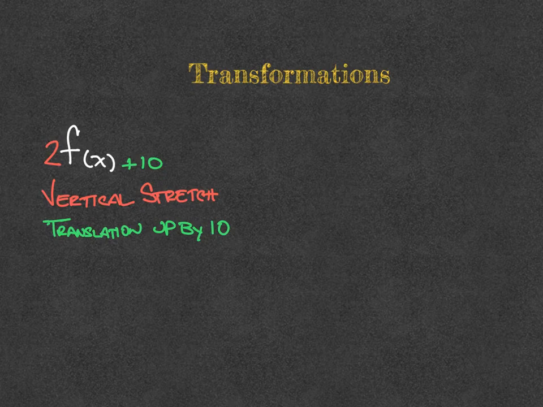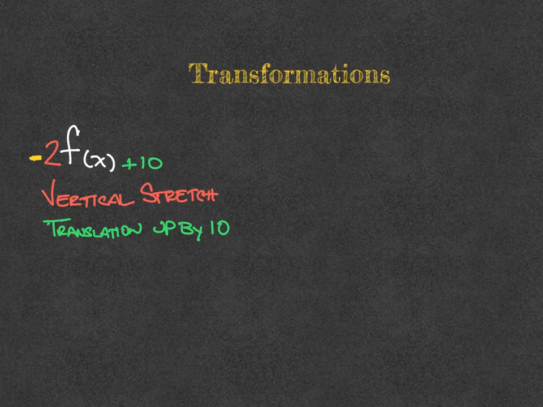Okay, now here's where things get interesting, because this is where most of you are getting confused. Let's say that I still have a 2 multiplying, but now I have a negative with it. So now I have a negative 2 multiplying. The first thing that everybody needs to know is that this will remain a vertical stretch because of the 2. That negative, though, is going to make something different.